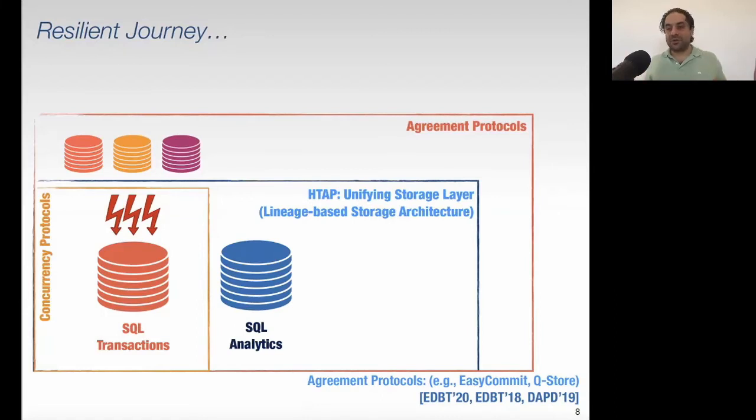So we then looked at distributed transactions and the agreement protocol, and one of the works that my student Suyash Gupta did was developing a technique called Easy Commit, which is a two-phase commit protocol without the blocking behavior.